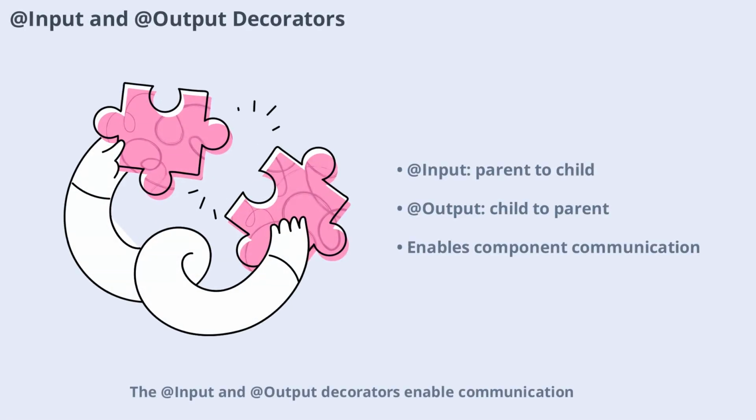The @Input and @Output decorators enable communication between parent and child components in Angular. @Input allows data to flow from parent to child, while @Output lets the child send events back to the parent.